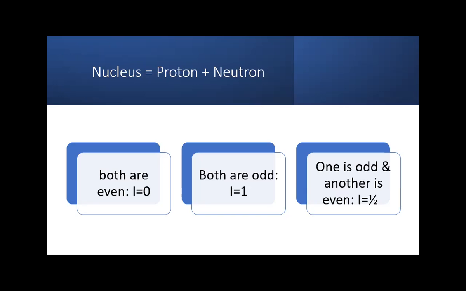We know these are fermions, so the spin is half. And for I equal to 1, when both proton and neutron numbers are odd, we get spin number 1.